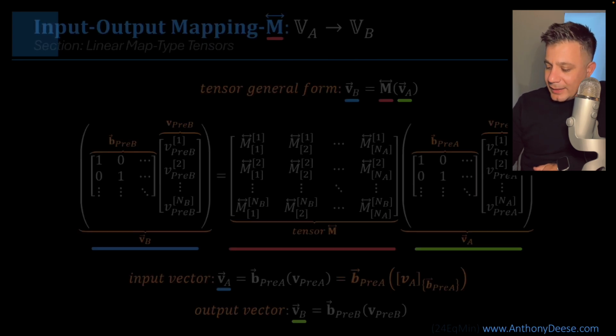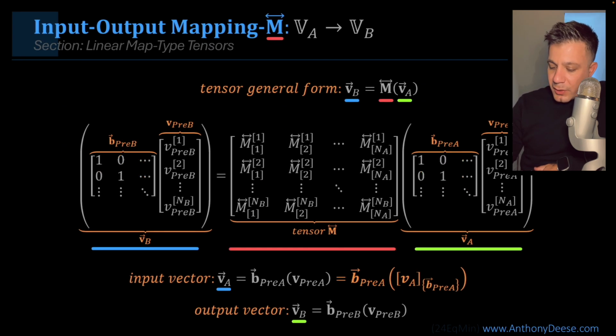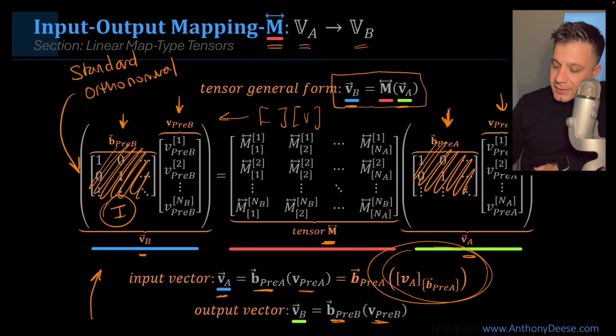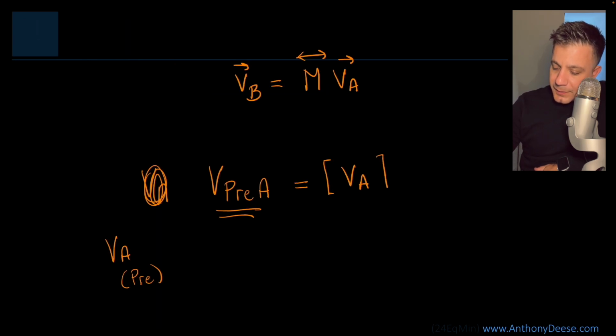So we use a slightly different notation at certain parts, where instead of saying V pre A, we can say that's equal to VA, except we're going to add these brackets as an additional subscript. And inside the brackets is really just telling us what basis set this is associated with.